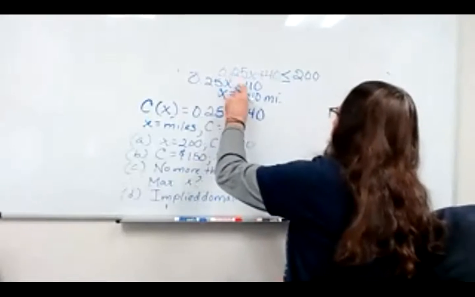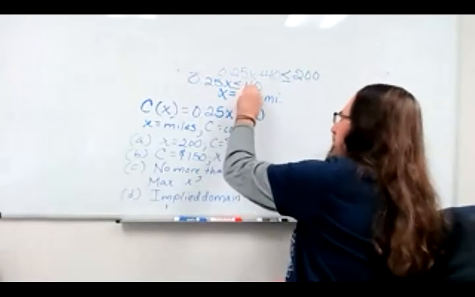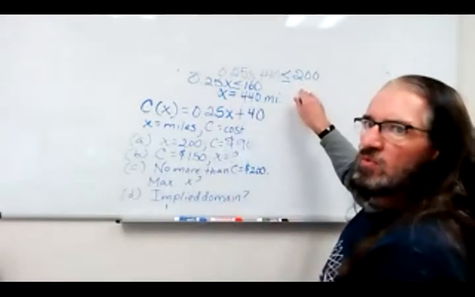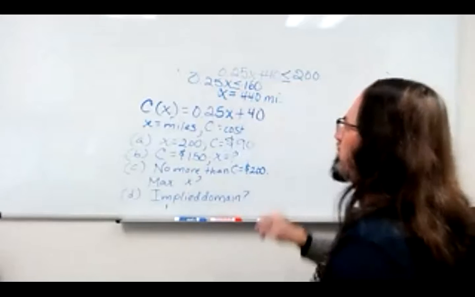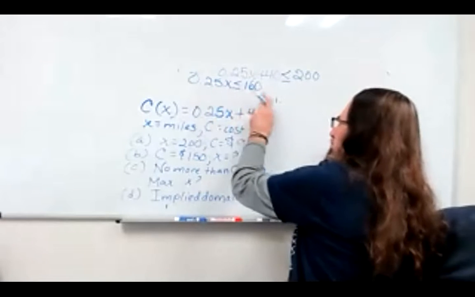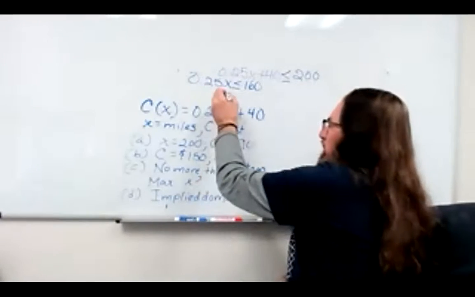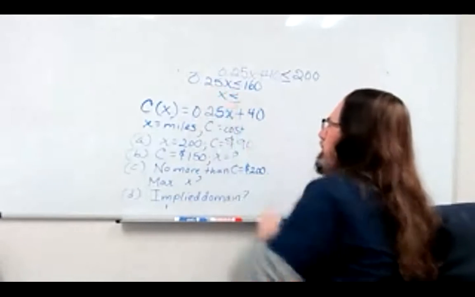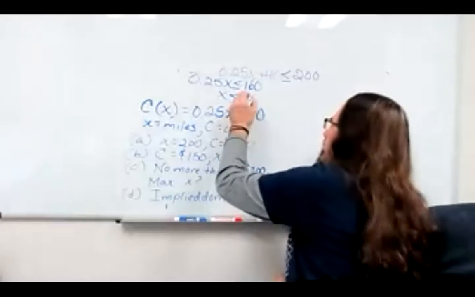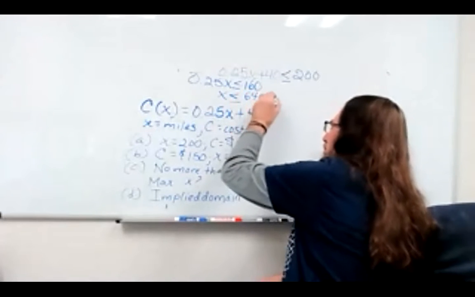So 0.25x would have to be less than or equal to 160 based on subtracting 40 from both sides. And then when you divide both sides by positive 0.25, it's going to keep it in the same direction. And now we should be getting, it looks like, 640 miles.